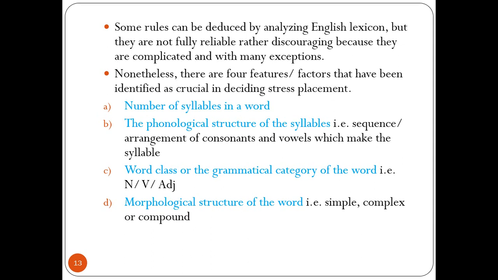Complex words are those which have either suffixes or prefixes, those words which have been added a prefix or a suffix or both. Then they are known as complex words.